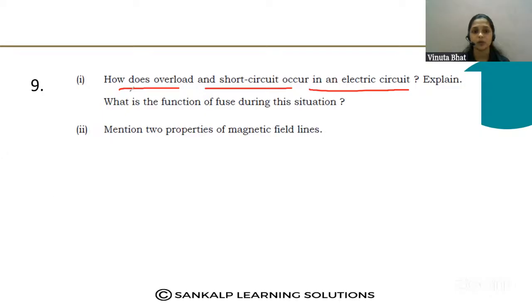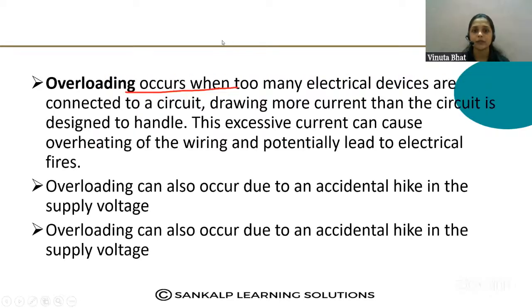Here, how does overload and short circuit occur? First thing, overloading occurs when too many electrical devices are connected to a circuit, drawing more current than the circuit is designed to handle.